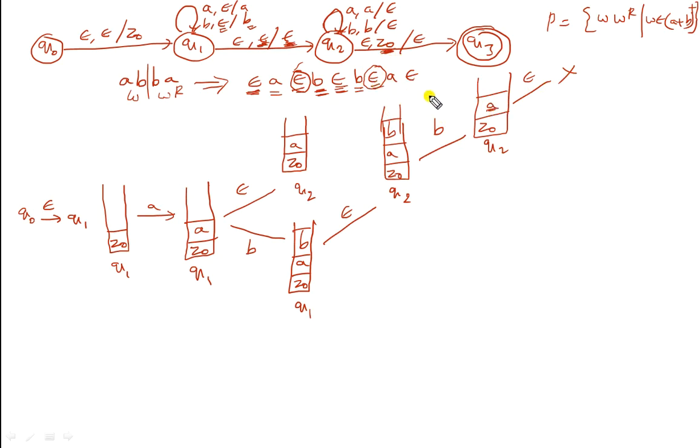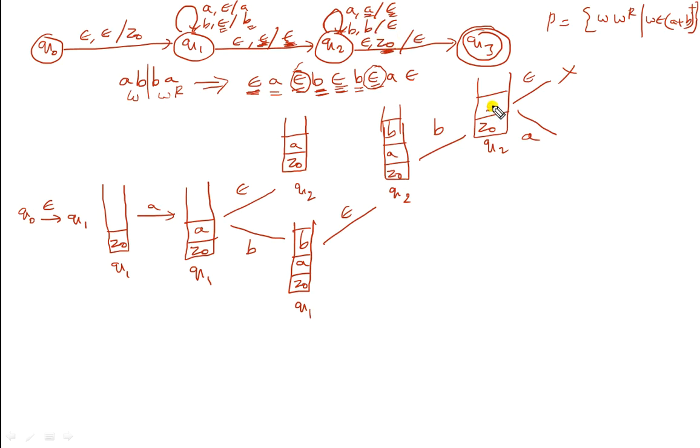If you do not consider epsilon, then what is the next symbol we need to consider? Consider A. If you consider A, what is the current state? Q2. Q2 on A means what transition we need to perform? Pop A, push nothing, and check whether the top of the stack is A or not.